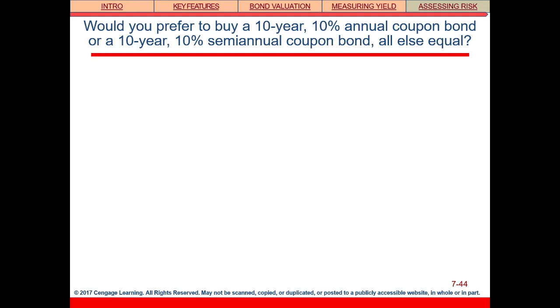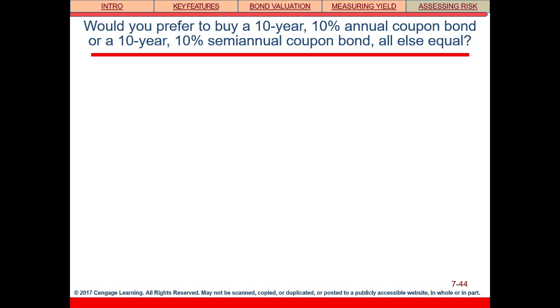Would you prefer to buy a 10-year 10% annual coupon bond or a 10-year 10% semi-annual coupon bond, all else constant? If we look into this question in detail, we will realize that everything else is the same: the face value, the coupon interest rate, and the maturity.